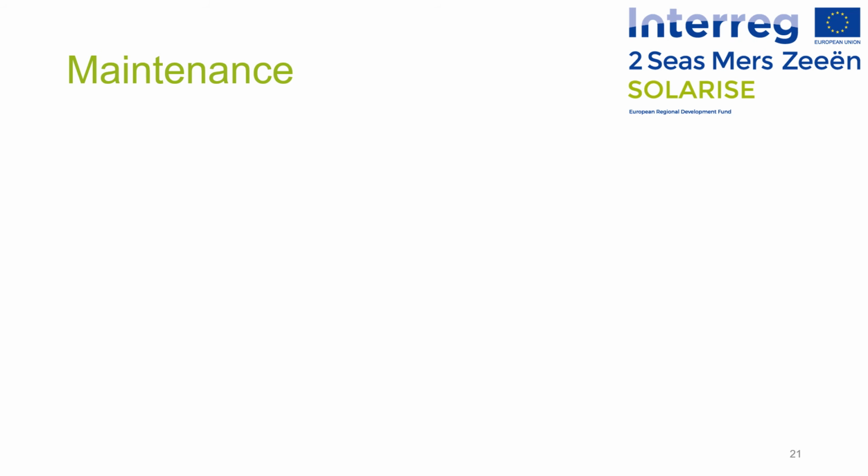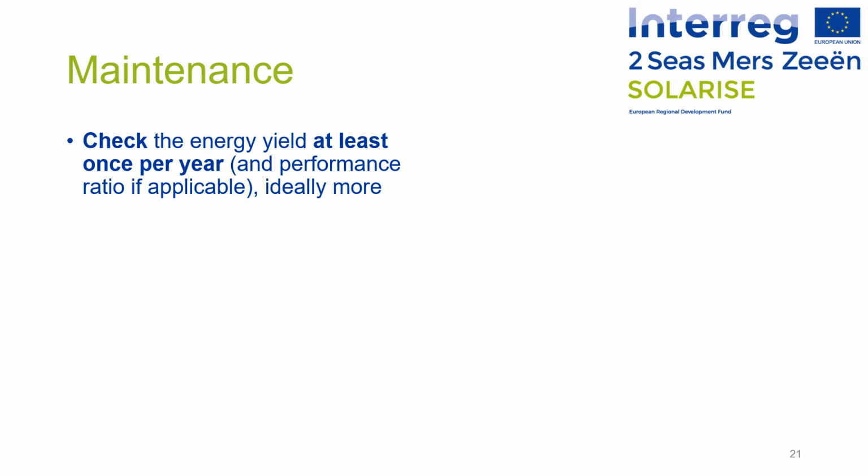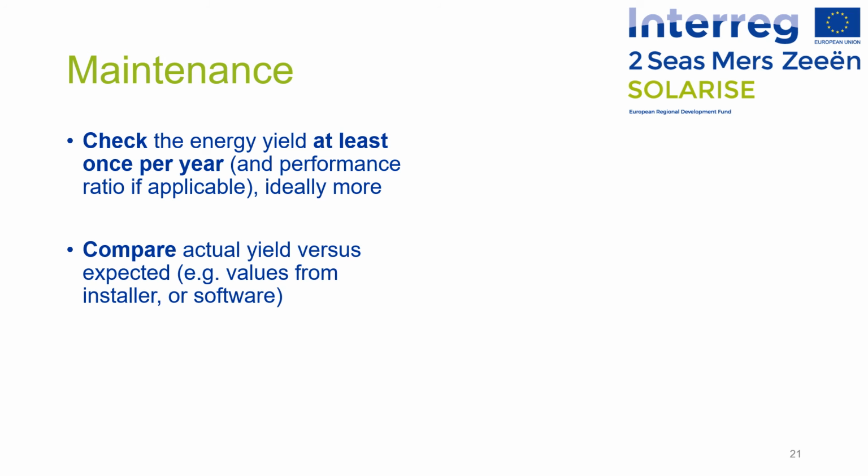If we now look at maintenance, there you need to check the energy yield at least once per year, and if you can afford it and have a pyranometer installed, the performance ratio, and ideally more often, that you check the performance of the system, and that you also compare the actual yield versus the expected yield. And those can be values that you get from installer or from software.